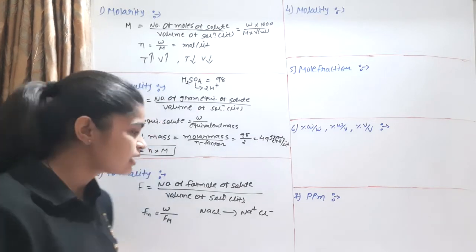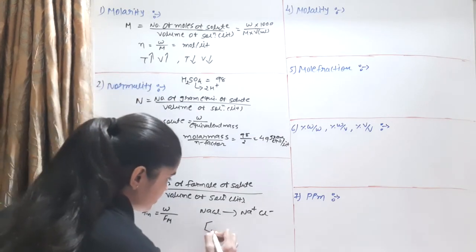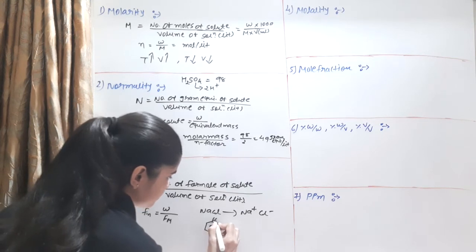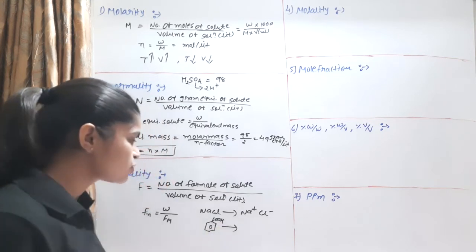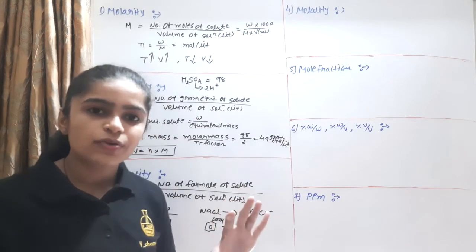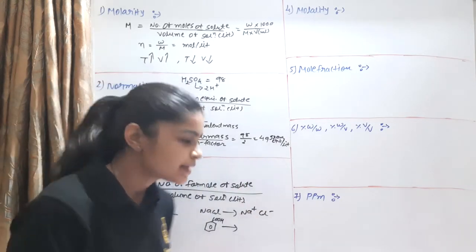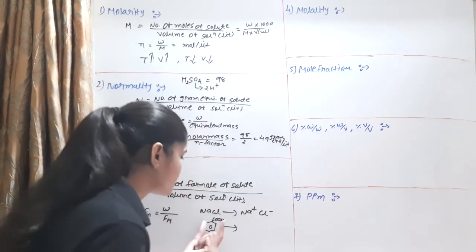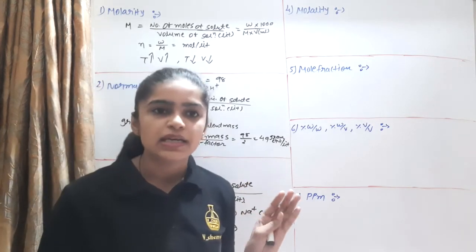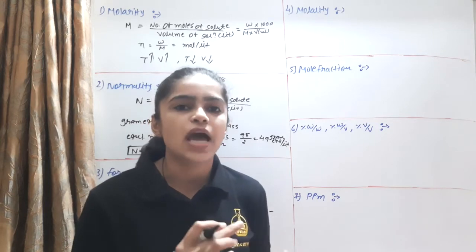For example, consider benzoic acid. In the molecular formula, we use only one benzoic acid molecular mass, that is 122. But in benzene, benzoic acid combines together and gives the dimer form.